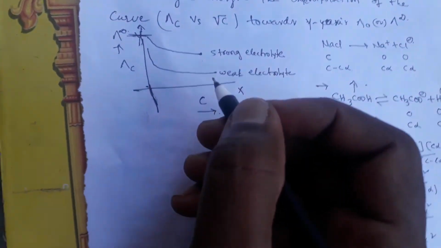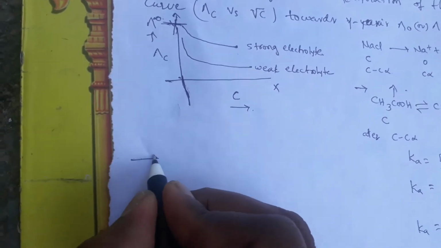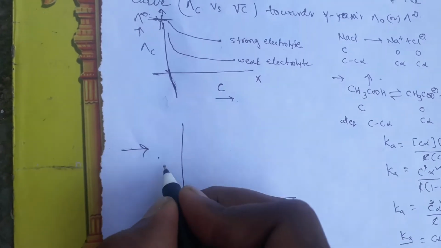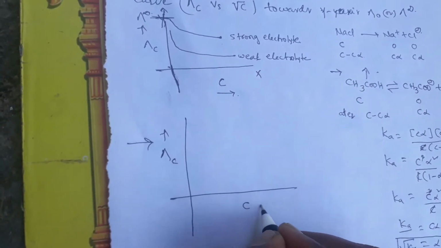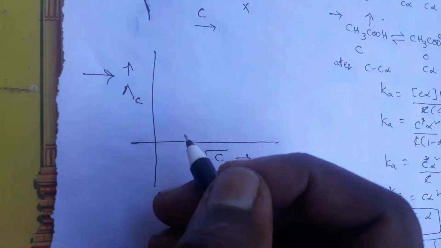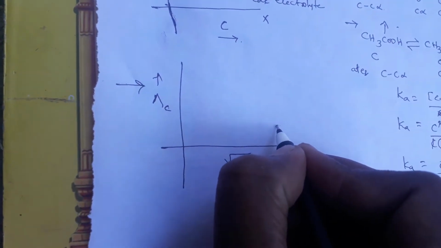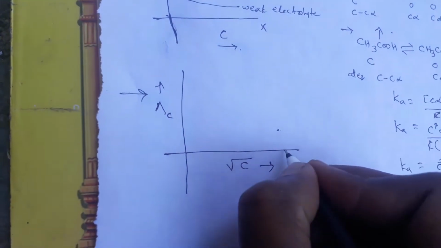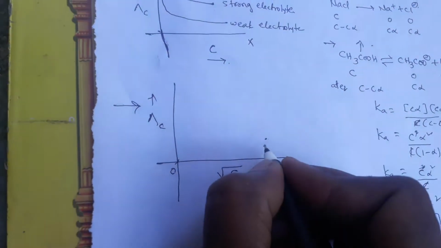So when we draw the graphs for strong electrolytes and weak electrolytes separately, they will come like this. If you see the graph for the strong electrolyte, this is the y-axis, lambda C, and the x-axis is root C. Here I am starting at high concentration, first of all my concentration of the solution is 1 molar, coming towards 0 molar, so 0.9.